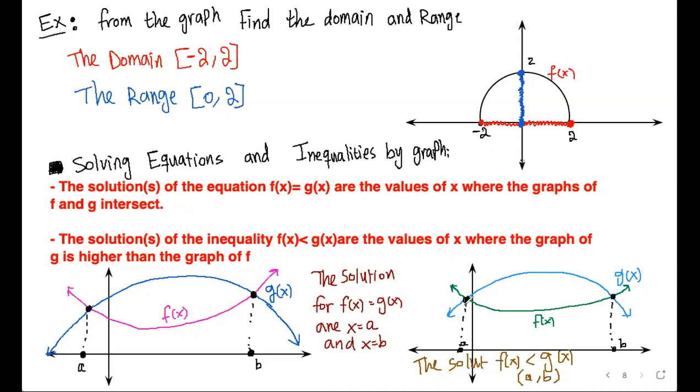But before this point, the blue curve is below the green curve, so this is not my solution. So my solution is from this point up to this point. And because we don't have equal, we put it as an open interval from A to B.